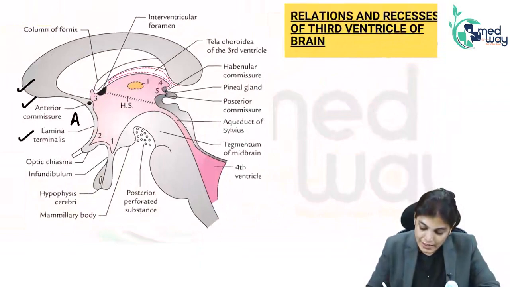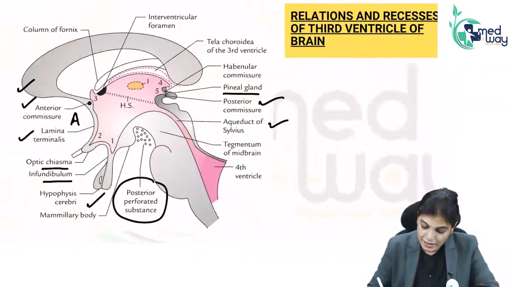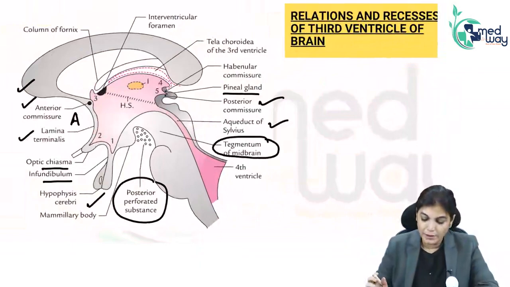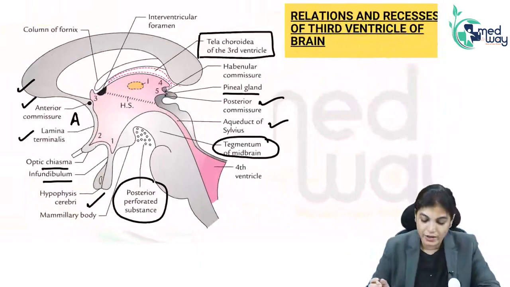Posteriorly there is the pineal gland, the posterior commissure, and the commencement of the cerebral aqueduct. The floor has many structures: the optic chiasma, infundibulum, mammillary body, posterior perforated substance, and the tegmentum of the midbrain. Above, in the roof, we have the tela choroidea of the third ventricle.